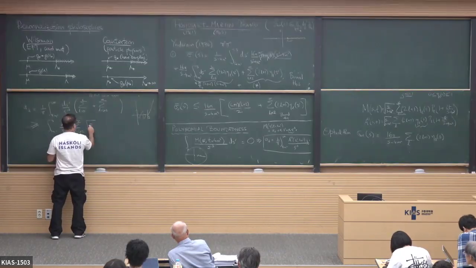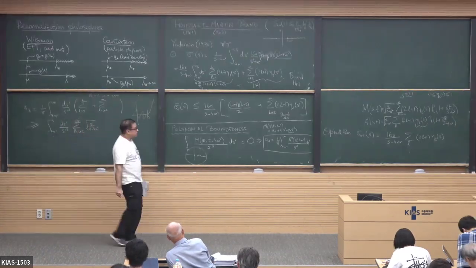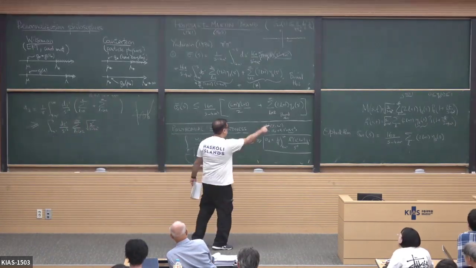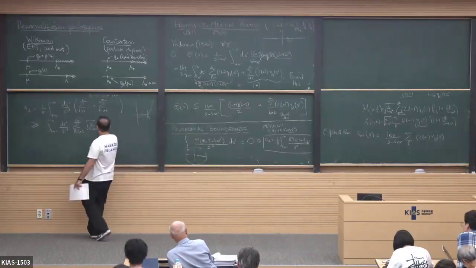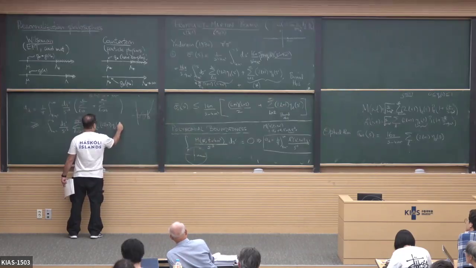Square root of s prime or s prime minus 4m square, and then 2l plus 1, eta L s prime.